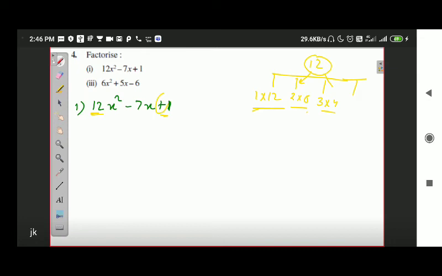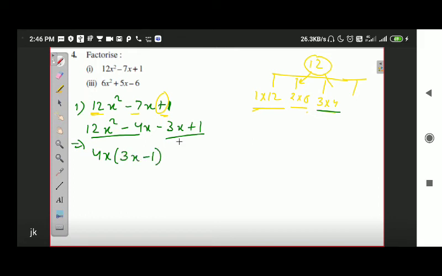Why sum? Because the sign of the constant is positive. We have to determine the pair for which the sum is 7. As we can see, it is 3 and 4. So this will be 12x square minus 4x minus 3x plus 1. And finally, you take common out of the pairs. Taking 4x as common, you will have 3x minus 1, and taking minus 1 as common, you will have again 3x minus 1.